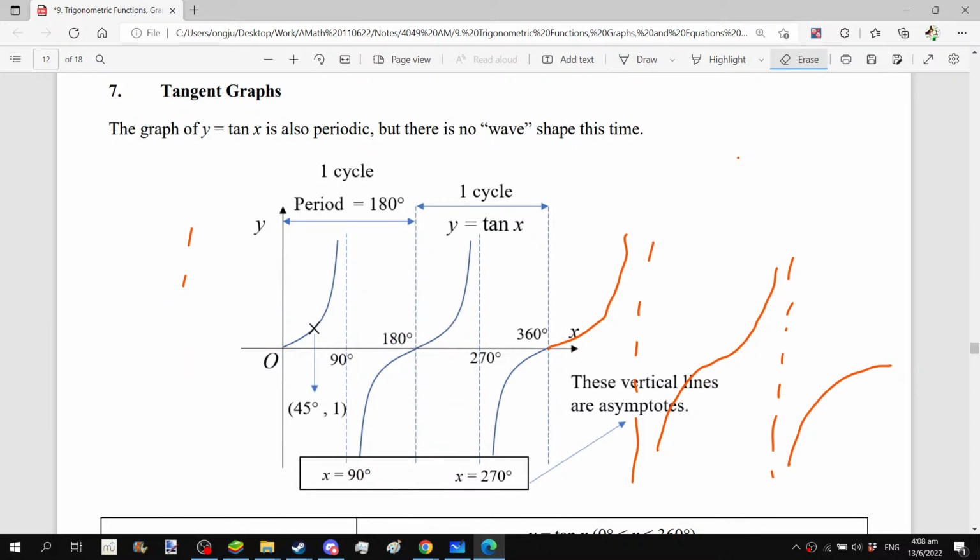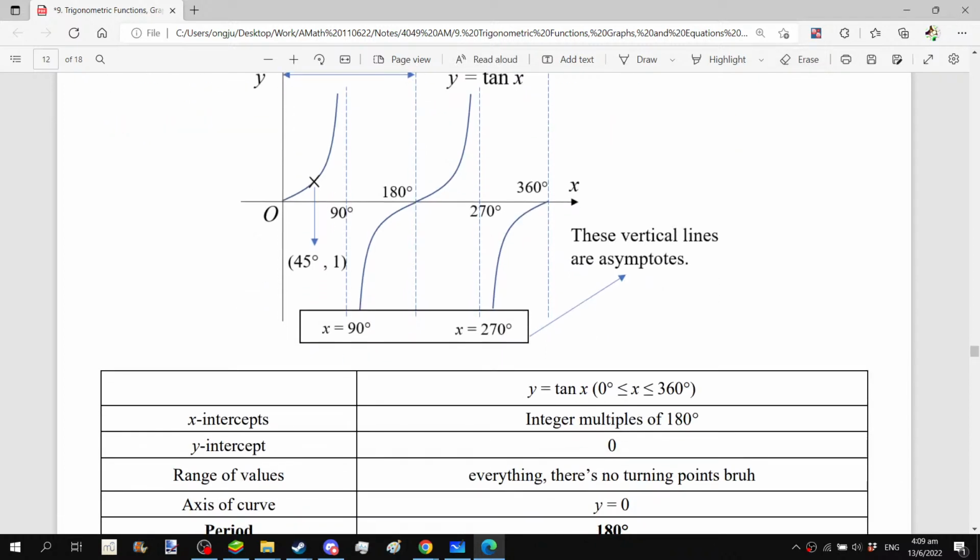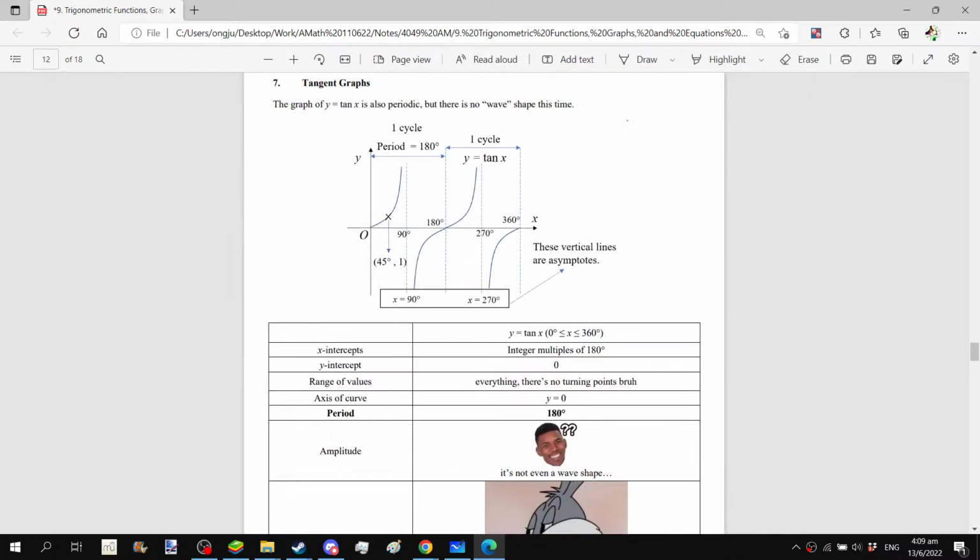And because the period is 180 degrees, that means later on, when we have more complicated tangent graphs, calculation of the period with the formula from earlier will no longer be 360 divided by b, it will be 180 divided by b. Now, another thing I want you to take note of is that there is no nice range of values to work with, because it goes up and down to positive and negative infinity and then teleports.